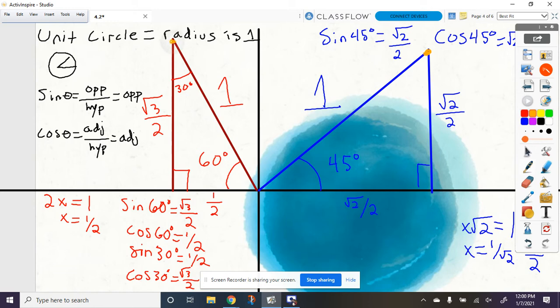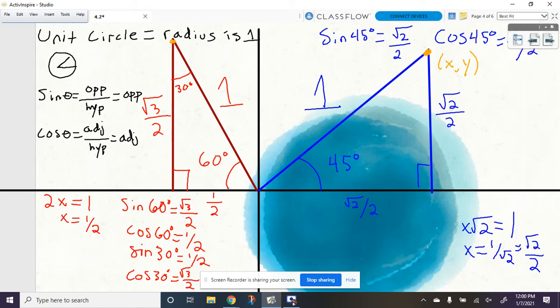This would be the point for my 60-degree angle. Now, how do we usually write a point? An X and a Y coordinate. Agreed? So we would have an X and a Y coordinate for both of these points as well.